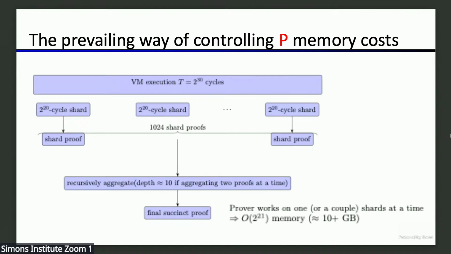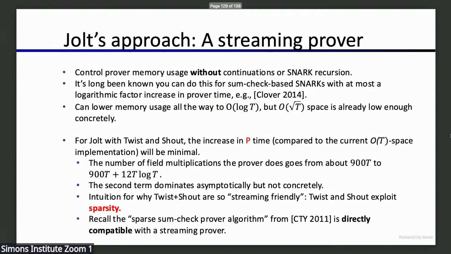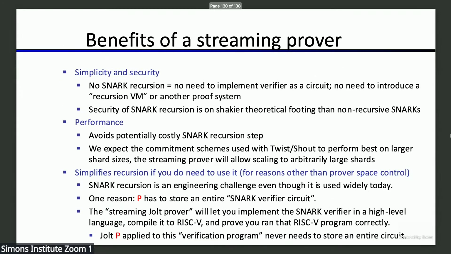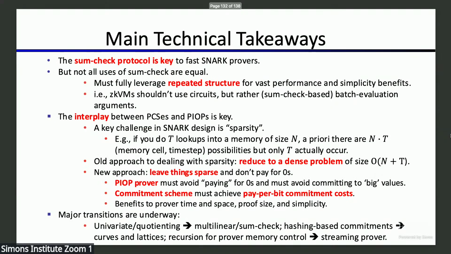We are going to get rid of that without a major hit to prover time, because things are sparse, and the sparse prover is consistent with small-space proving. That's what I was getting at in the first talk, where I said I want to try to minimize the use of recursion.